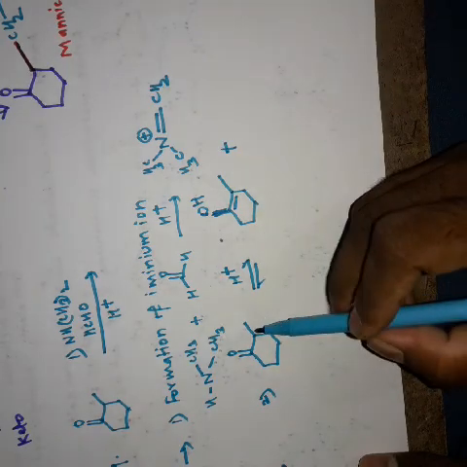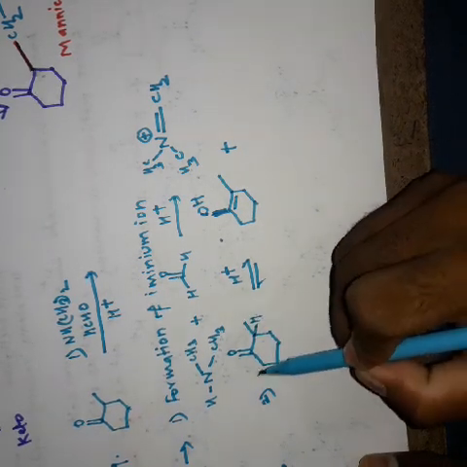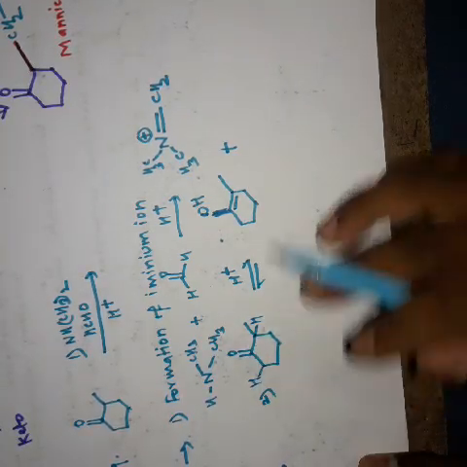Enolization can take place from this place and also from this place, because both the hydrogens are acidic.